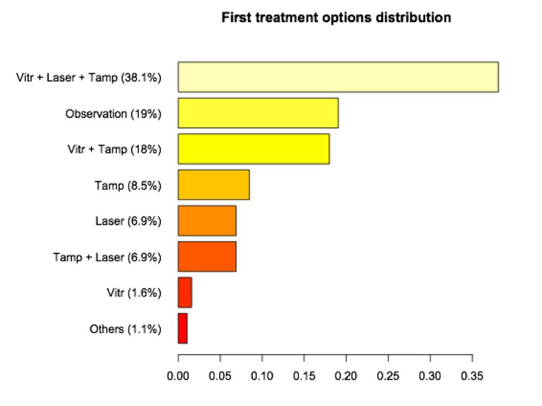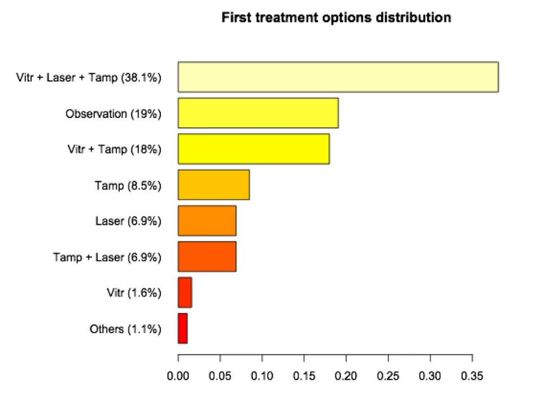And the first treatment option that was referred from the colleagues had this distribution, as you can see in the graph. Vitrectomy plus laser plus tamponade in almost 40% of the cases. Observation, so some of these patients, 20%, were not treated.